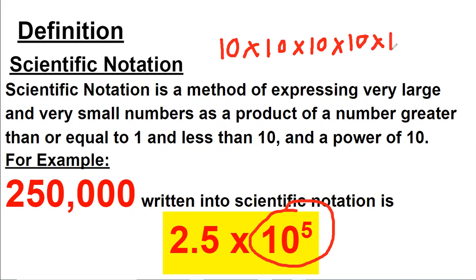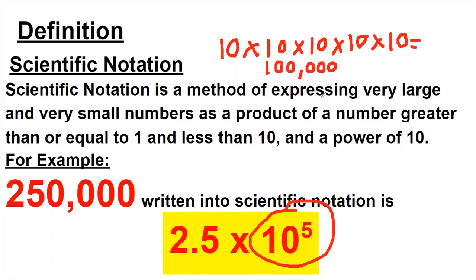By now, you're pretty comfortable working with exponents and bases. So what is 10 times 10 times 10 times 10 times 10? That equals, did you say 100,000? If you did, you are correct. Notice that there are 5 tens and 100,000 has 5 zeros in it.